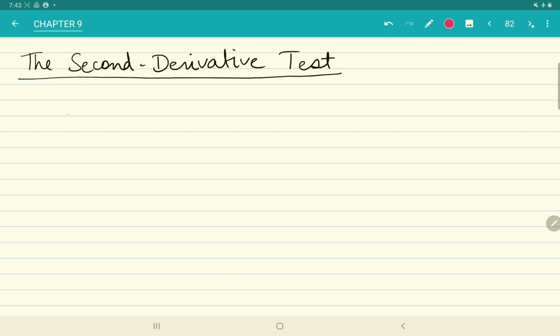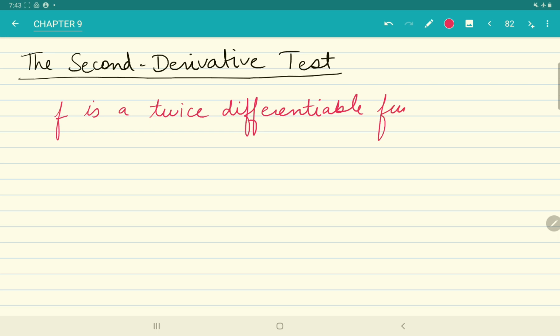So let's say f is a twice differentiable function in an interval I. And when I say it's a twice differentiable function in an interval I, that means it is differentiable in this interval and it is differentiable again, as in it is differentiable 2 times.